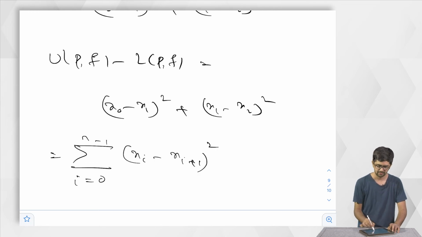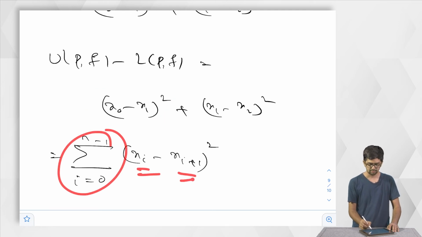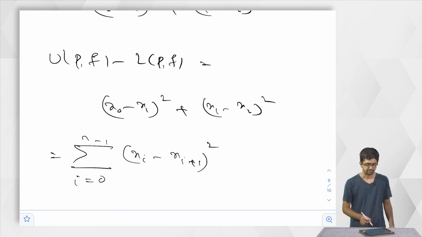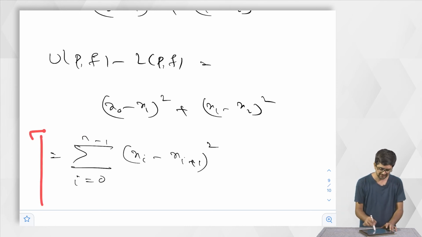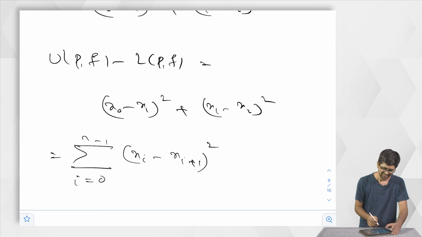This is what you would get. For n equal to 2, what we have is x0 minus x1 whole square plus x1 minus x2 whole square. n equal to 2 means it should stop at 1 only. So this I am leaving as an exercise. It is not very serious also.